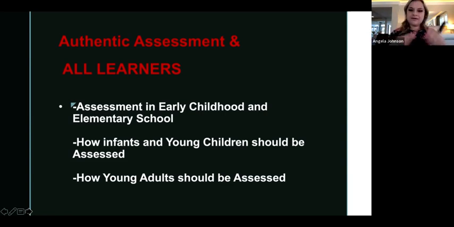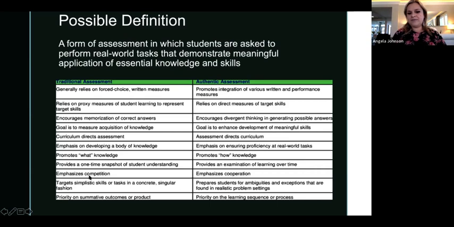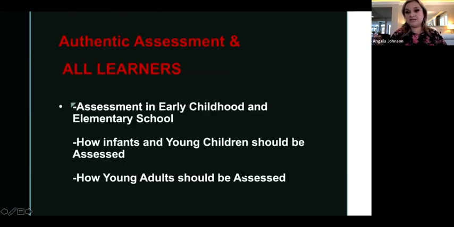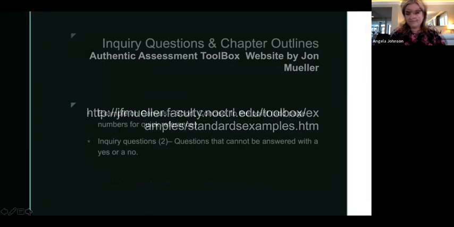So there are ways that we can talk about this and do this. So authentic can be done in different ways, right? In cooperative ways, like the table said, instead of competition. That was like the opposite of it. Like right here. It says emphasize competition in the traditional way. Here emphasize cooperation. That's one of the ways that you can think about that. So as we go, we're going to talk about the different ways.